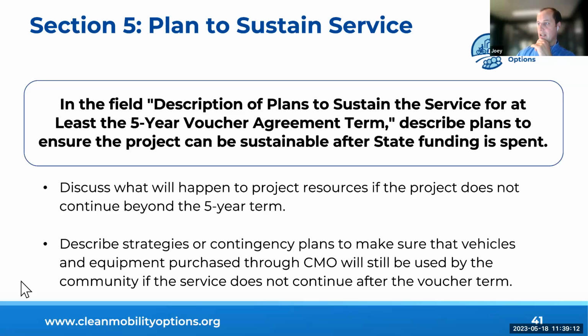Describe plans to ensure the project can be sustainable after state funding is spent. Discuss plan commitments, resources, and/or strategies that will carry service operations beyond the 4-year service operation requirement through to at least the 5-year voucher agreement term. Optionally, you can discuss what the desired outcome is for the service after the 5-year voucher term and any preliminary plans that support this outcome.